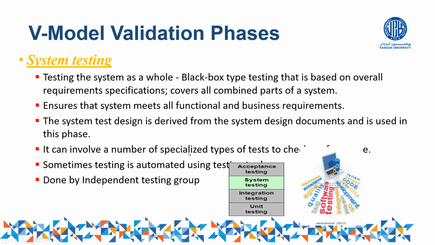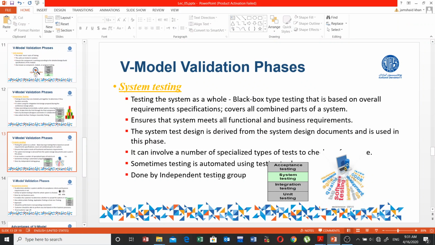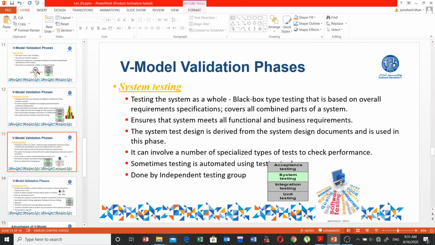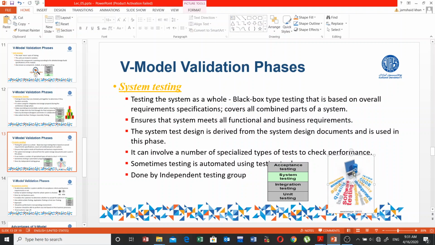It can also involve a number of specialized types of tests to check performance. Now the performance is also checked, the efficiency of the software system is checked, in system testing. Sometimes testing is automated using testing tools.